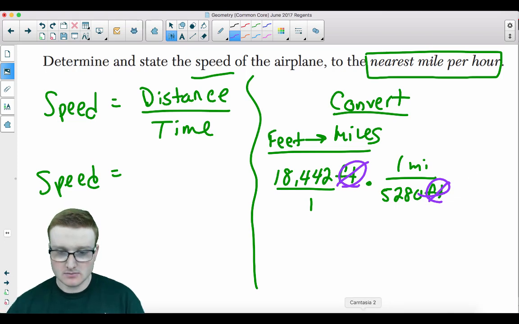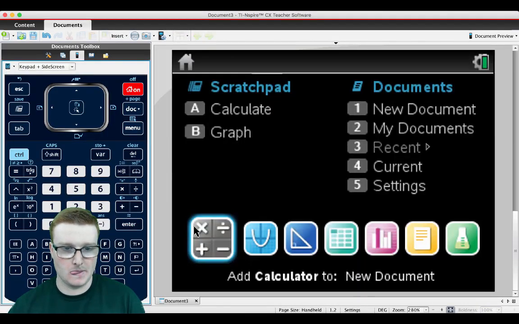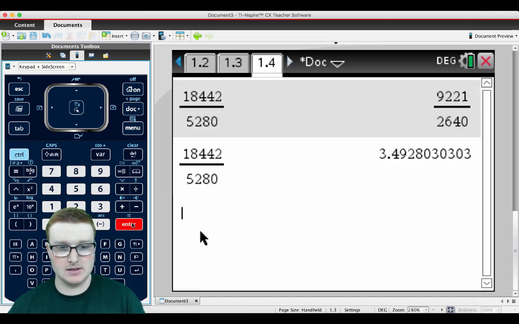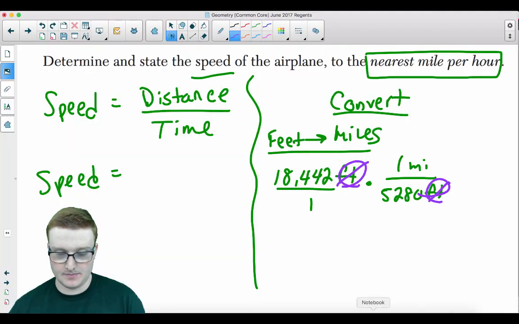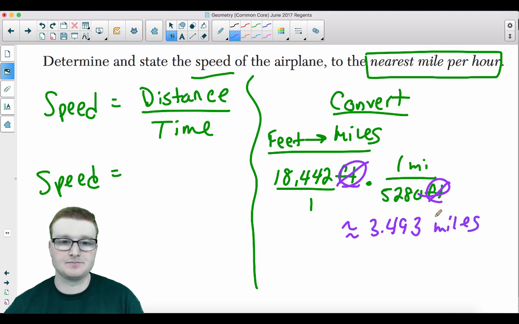That's your goal. I'm going to go to my calculator. 18,442 divided by 5,280. Your answer, simplified, is approximately 3.493 miles.